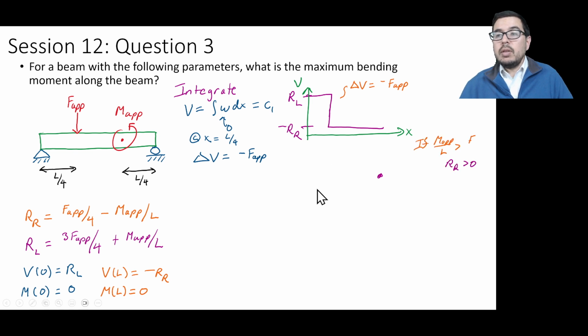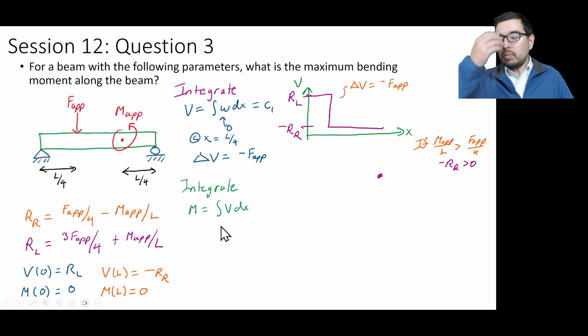And now let's look at what's happening with the integration of the shear force. We're going to integrate the shear force. This comes from, of course, dM/dx equal to V. And we're going to go from 0 to L over 4.